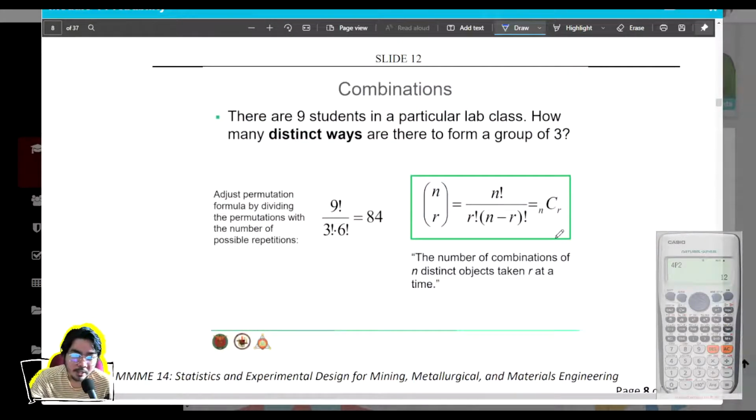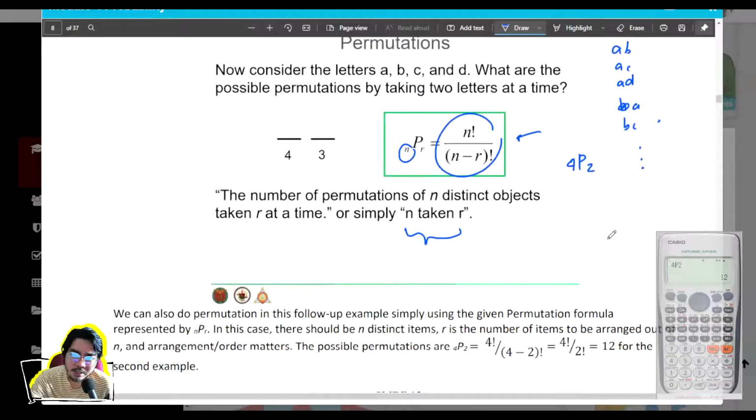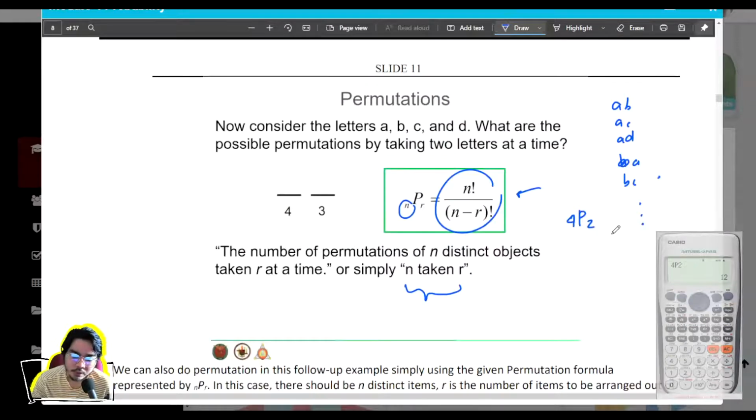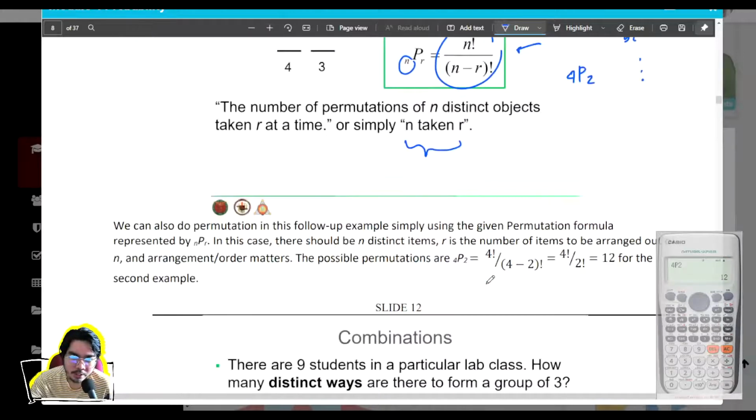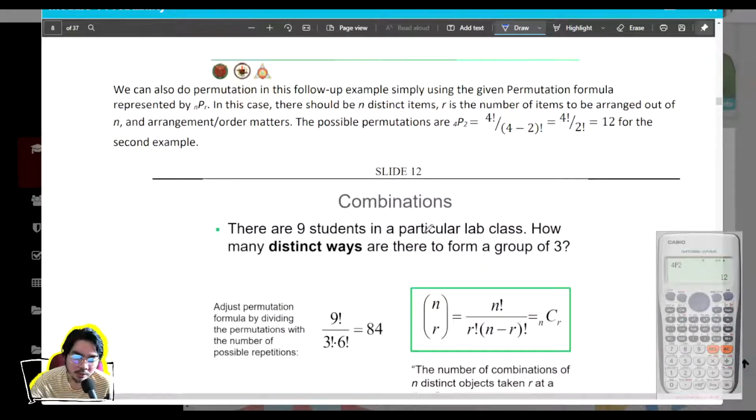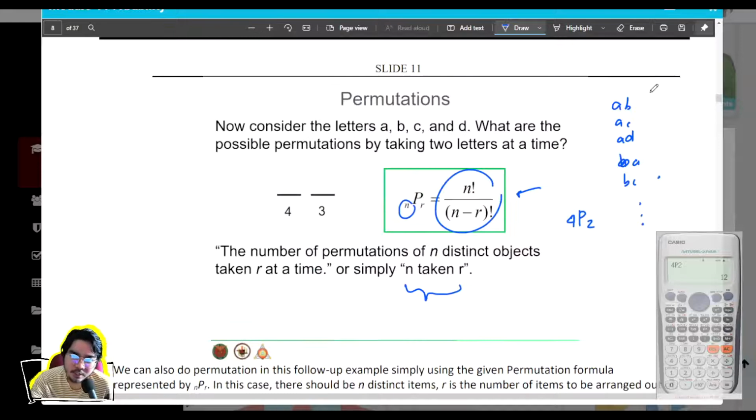Okay? Now, dito, another type of consideration of the number of ways we can combine or arrange certain objects is yung tinatawag na combination. To explain this, mas maganda kung ipakita ko dito sa truncated list na ginawa natin.